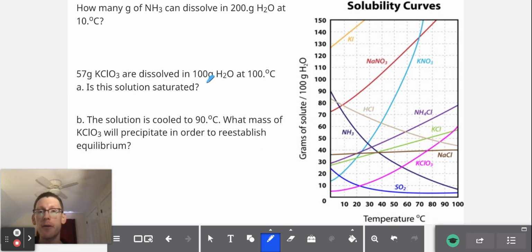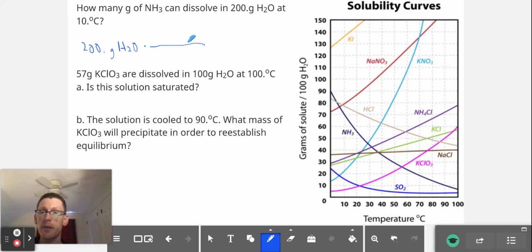All right, so now to answer some questions, solve some problems. How many grams of NH3 can dissolve in 200 grams of water at 10 degrees Celsius? So that's our question. And this is going to be a dimensional analysis problem where we start with the 200 grams of water.